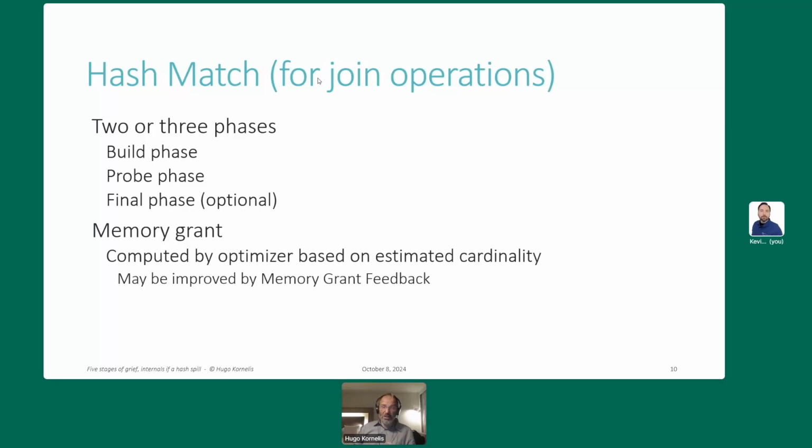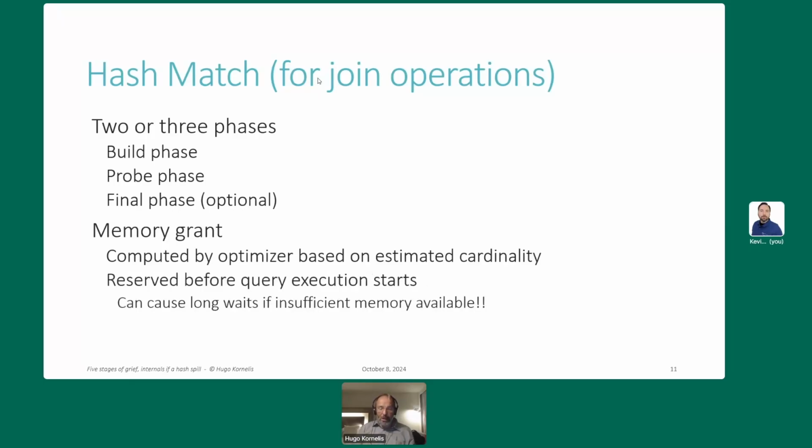As of SQL Server 2017, there is a new feature, memory grant feedback, that can improve bad estimates on a second or third run, but the initial run doesn't benefit from that. And older versions didn't have memory grant feedback. So if you're still on SQL Server 2016 or older, or 2017 but running row mode, you don't have memory grant feedback, and you can really suffer from bad estimates.